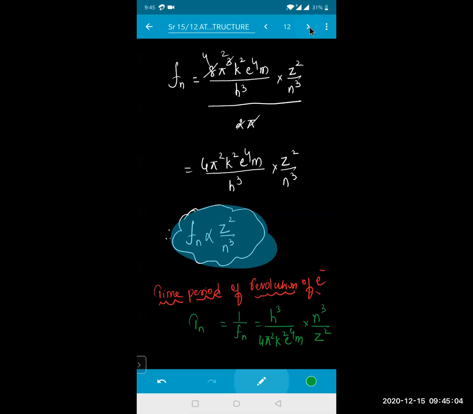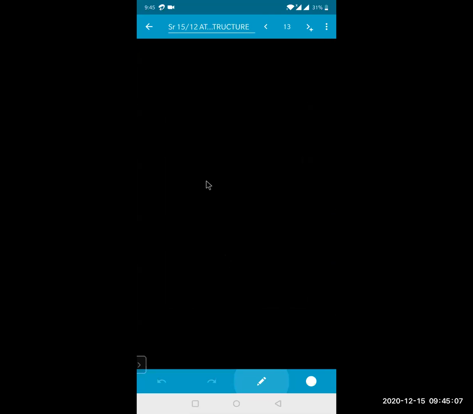That means I can write here: time period of nth orbit is directly proportional to n cube by z square. This formula is important. That's it.